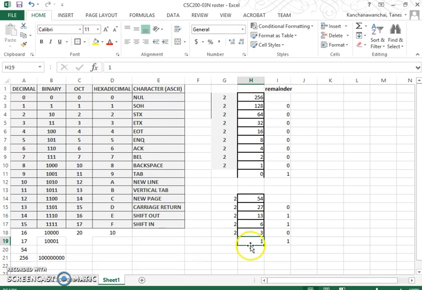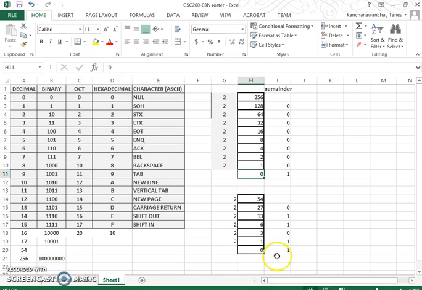And then 1 divided by 2, 0, remainder is 1. So now at the end we get 0, so we stop.